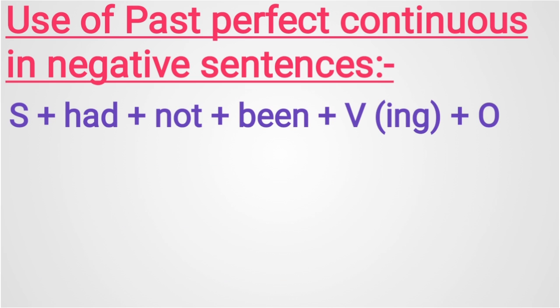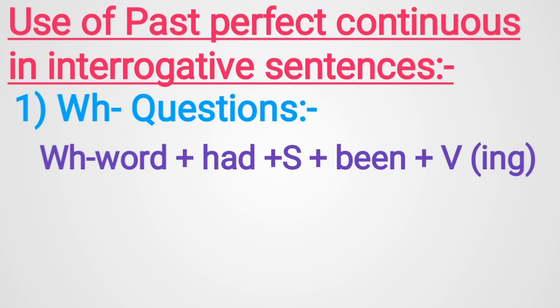Okay? So let's move forward and see the use of past perfect continuous tense for making questions. Friends, you know very well that questions mean interrogative sentences, and interrogative sentences are of two types: WH questions and verbal questions.